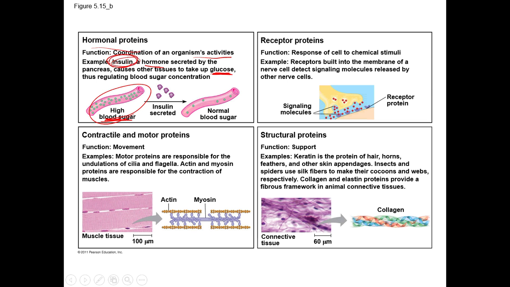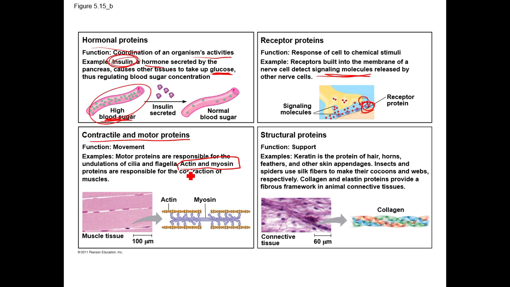Receptor proteins, these are proteins, so you can find them on the cell, and they actually accept things like neurotransmitters or other signaling molecules that are released by other cells, and they actually recognize that and take it up into the next cell. Contractile motor proteins, a good example, this would be actin and myosin.